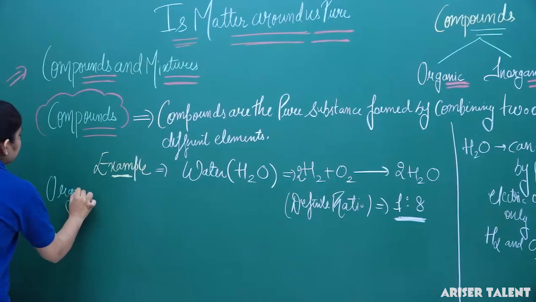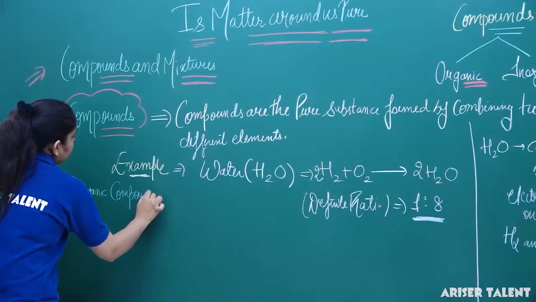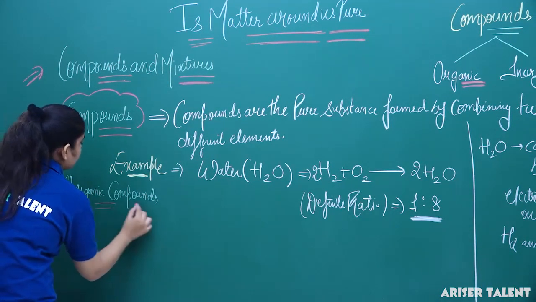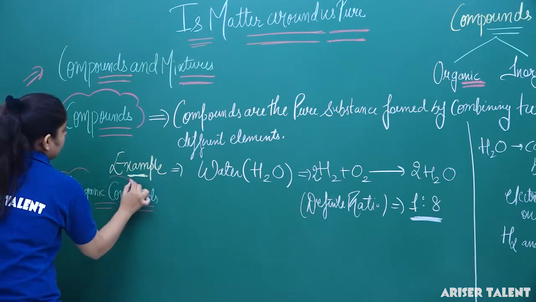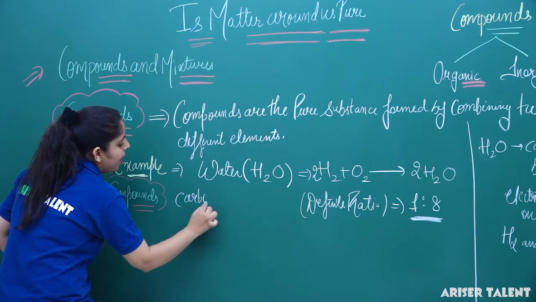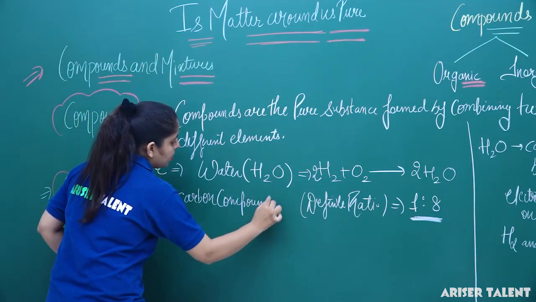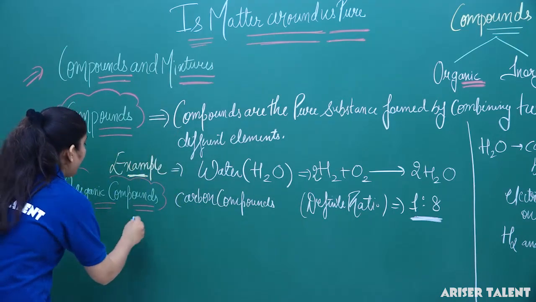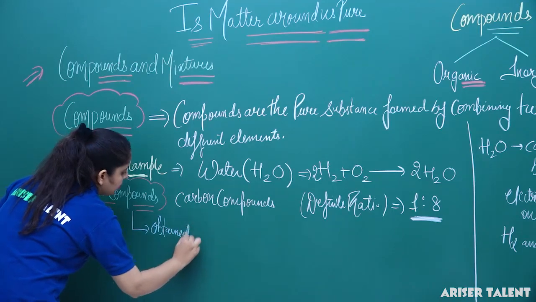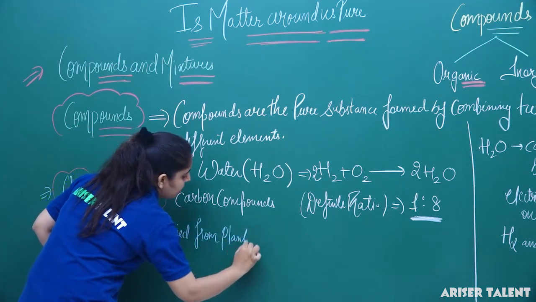Next thing is organic compounds. Another name for organic compounds is carbon compounds, because they consist of carbon. These compounds are basically obtained from plants and animals.